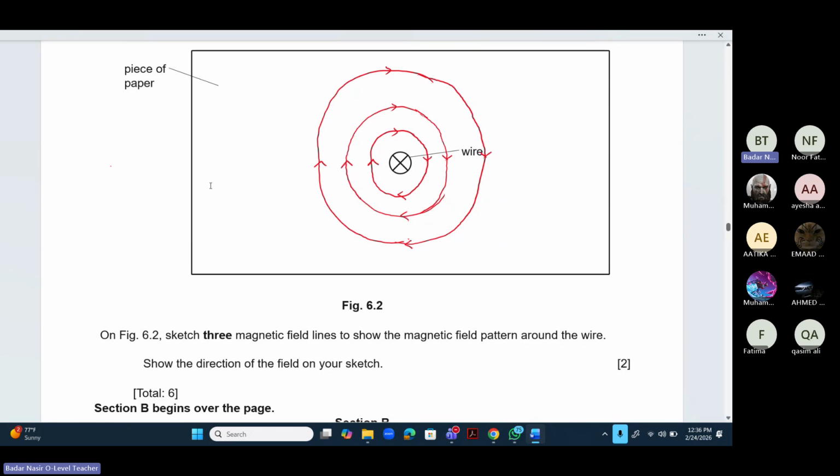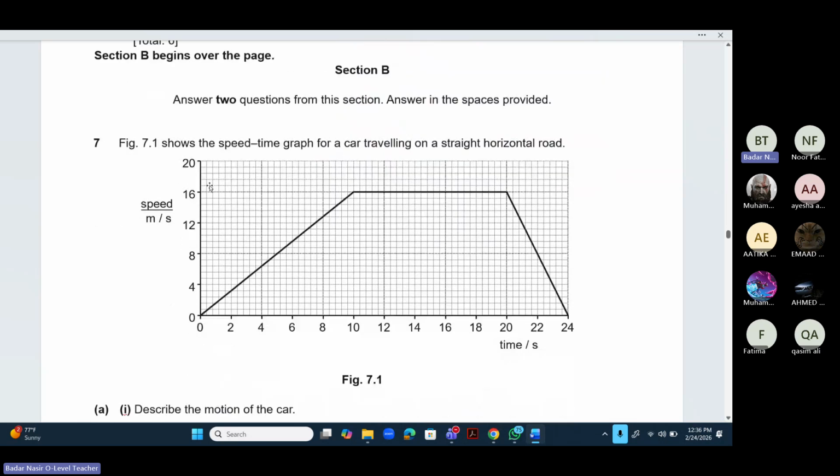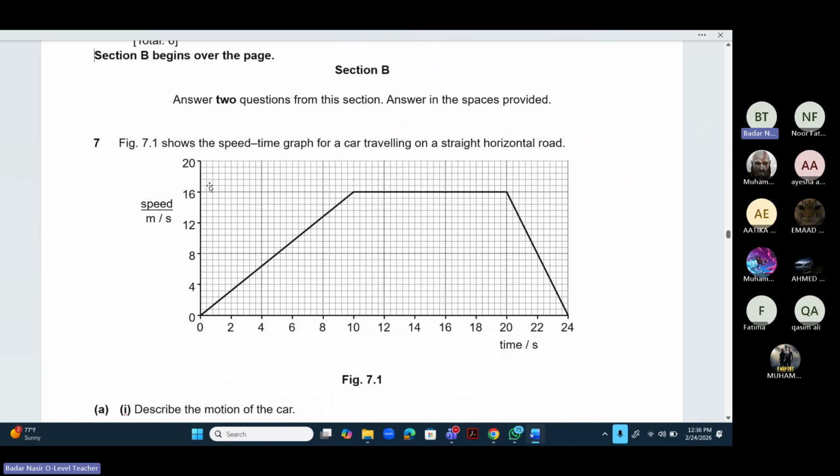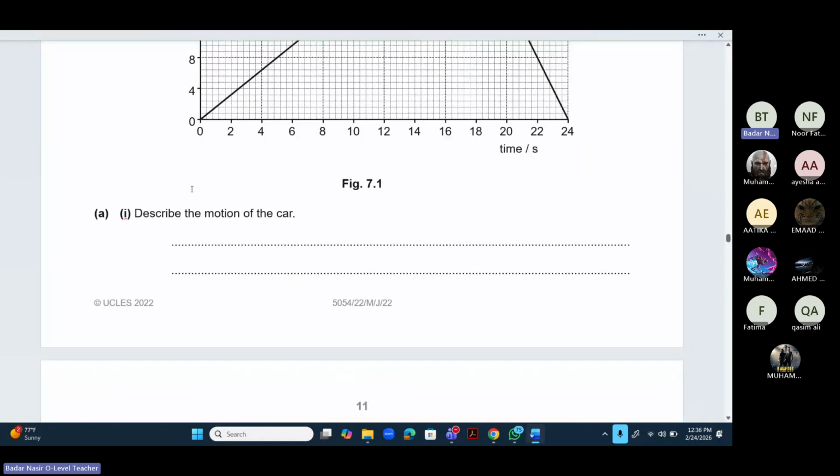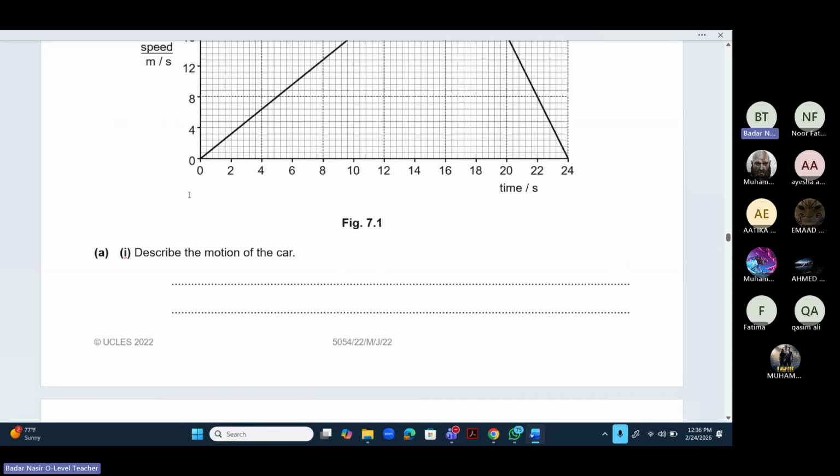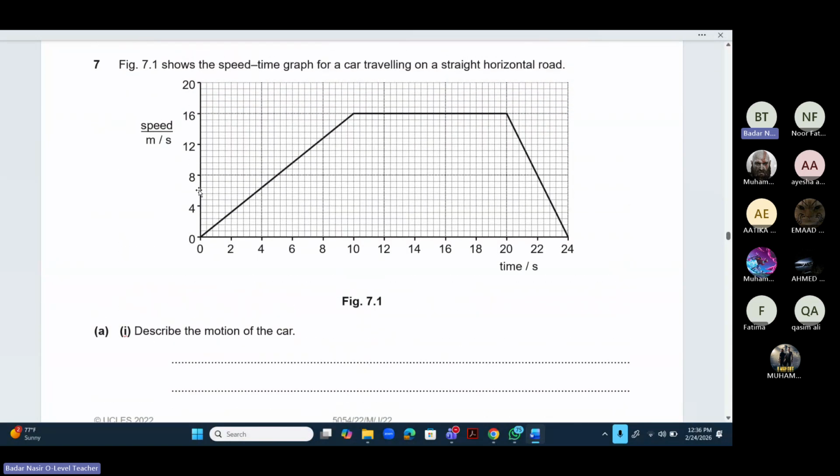Yes, so it's just a right hand thumb. Okay, now we have a question. Figure 7.1 shows the speed time graph for a car traveling on a straight horizontal road. ठीक है, it's a speed time graph. Describe the motion of the car, 3 marks. मैंने आप लोगों को ये चीज पहले बताई थी कि ये एग्जाम में बड़ा फ्रिक्वेंटली आता है कि वी हैव टू एक्सप्लेन. अब हम अपने इसको मोशन को स्प्लिट कर लेते हैं.